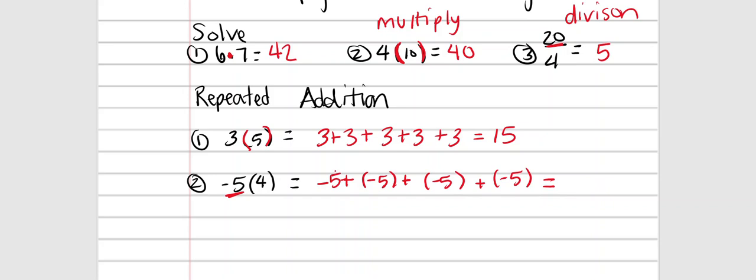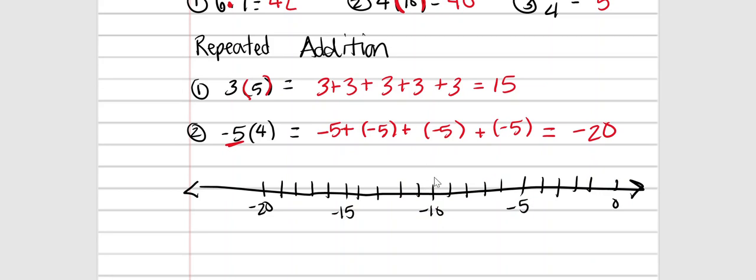You could think of this like money. If you're $5 in debt and you go spend another $5, you're at negative 10. Well, then you go spend another $5, you're at negative 15. You go spend another $5, you have spent now $20 that you are in debt.